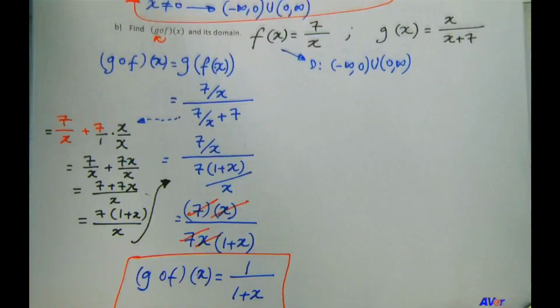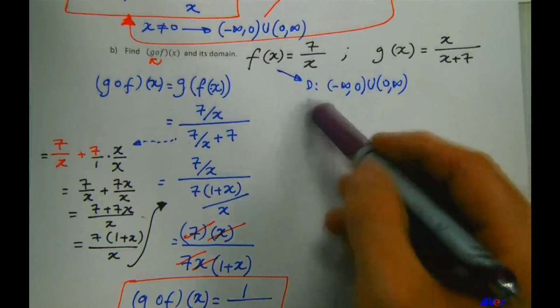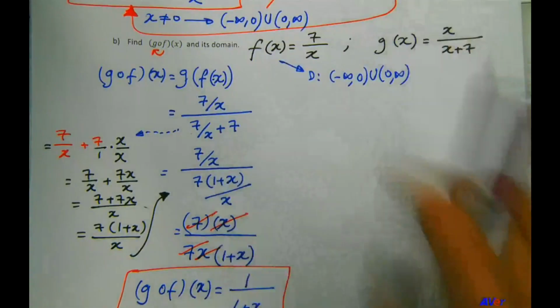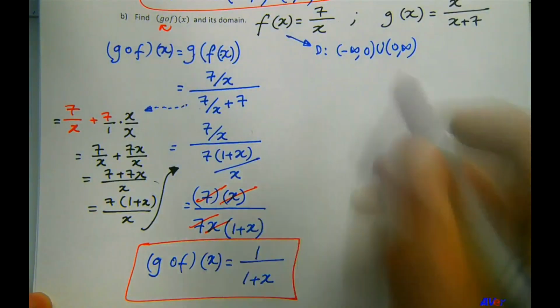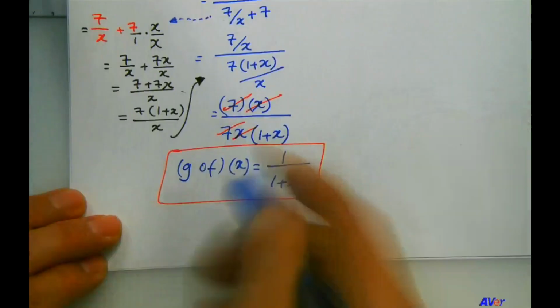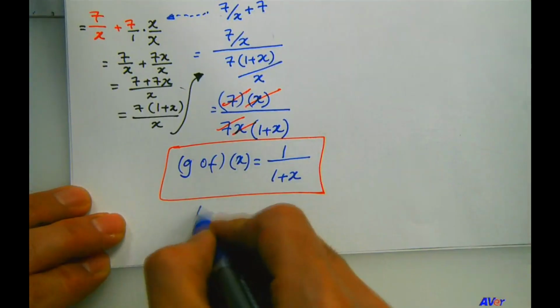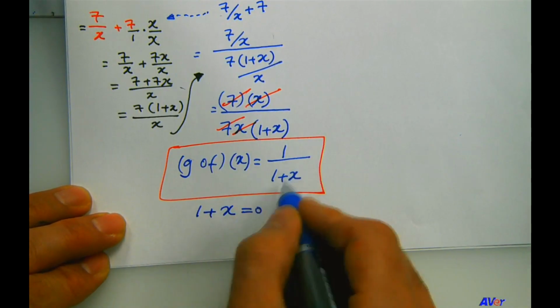Now, for the domain of this, we need to find the domain of the composite function and intersect it with the domain of the function that went into it. Okay, that will be the final. So let's find the domain here. For this one, we know that 1 plus x, when that's 0, we have trouble.